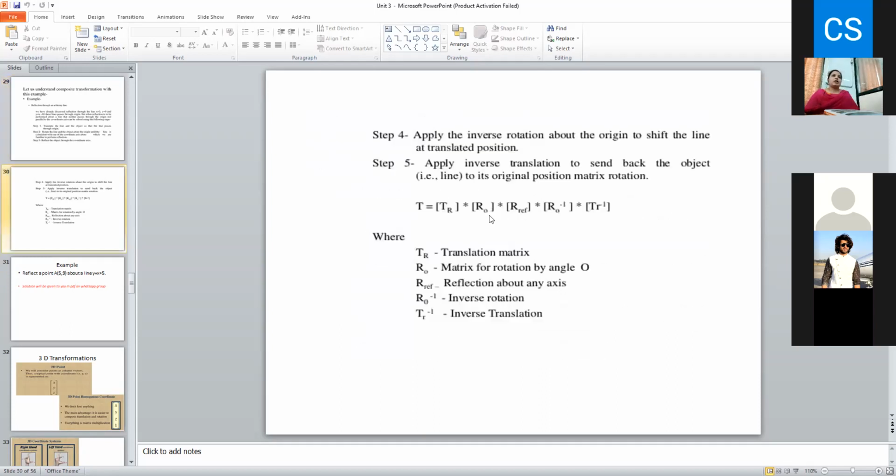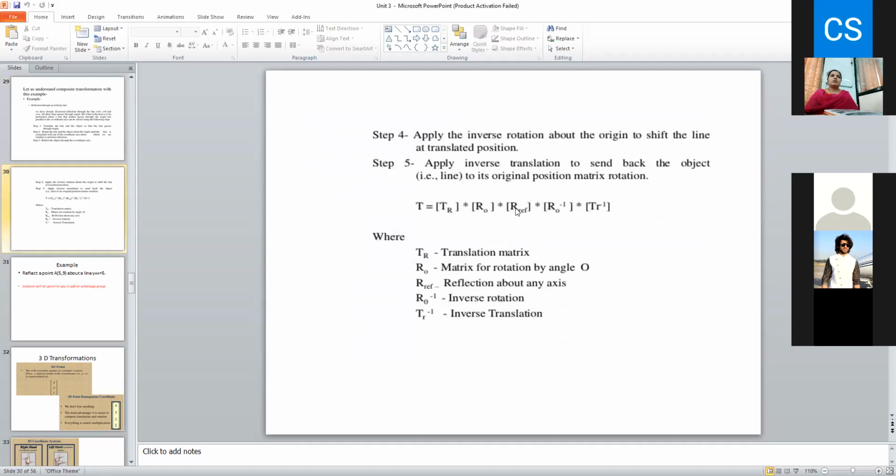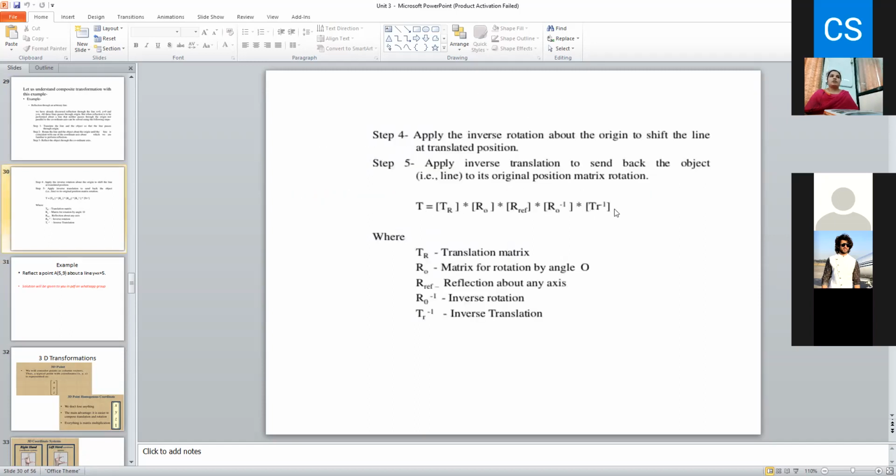That is carried out with RO. Then the third is to reflect it. So the actual reflection is carried out here. And once the reflection is over, perform the reverse rotation and reverse translation. So this is the T matrix, or we can say T total.